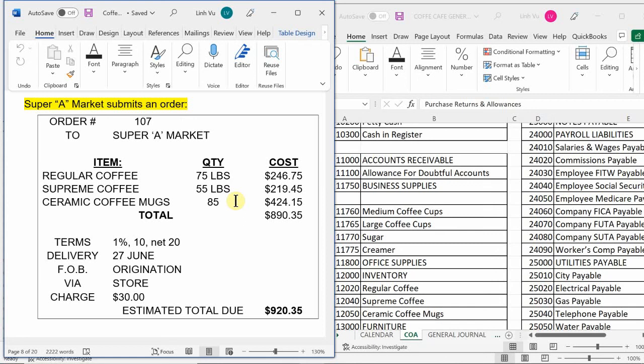Now, what is it? What accounts do we use to represent that we owe people something? What account type? Would it be an expense? No. Okay. Would we go into our vendors list? Is Super A Market a vendor?